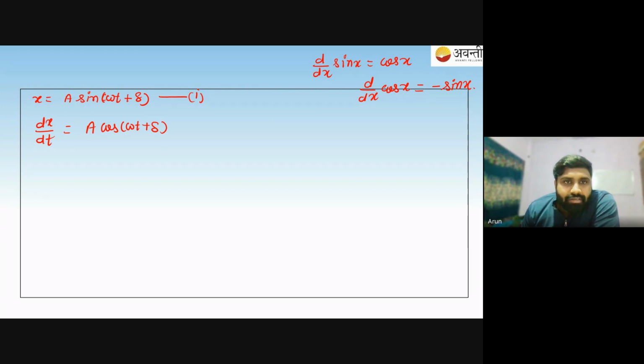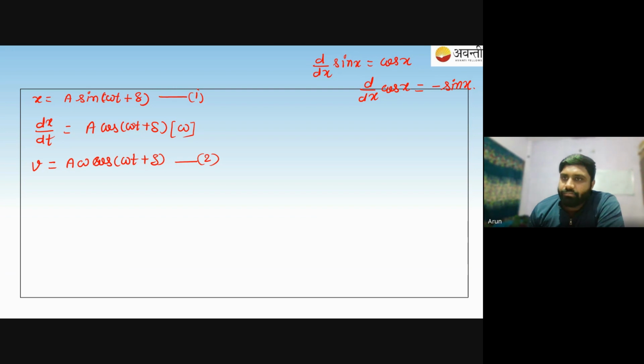Then the differentiation of omega t plus delta will also happen because it is itself a function, so it will become omega, because differentiation of omega t is omega and differentiation of delta is 0 because it is constant. So dx by dt, which is v, the velocity, is a omega cos(omega t plus delta). This is equation number 2, second equation.